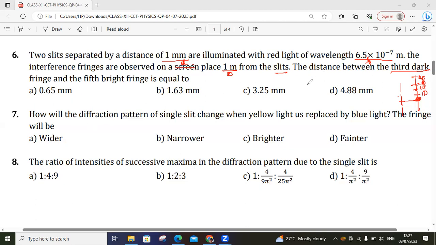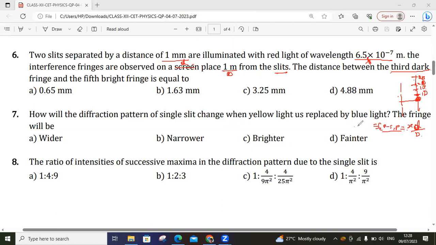So the position of first dark is at, we'll get the path difference as xd by D. Path difference is xd by D.